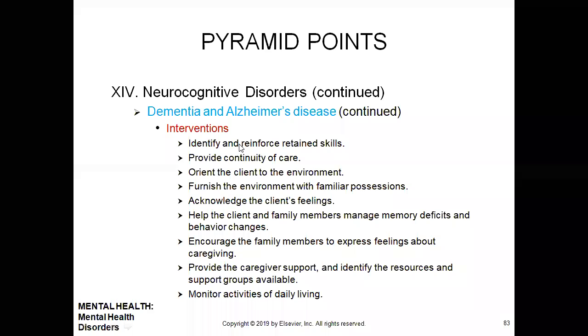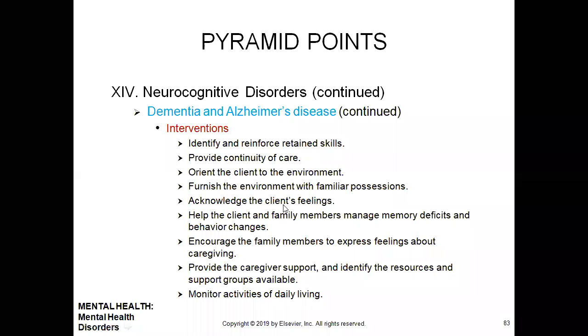Identify and reinforce retained skills, and provide continuity of care. Orient the patient about the time, the date, and place. Furnish the environment with familiar possessions.